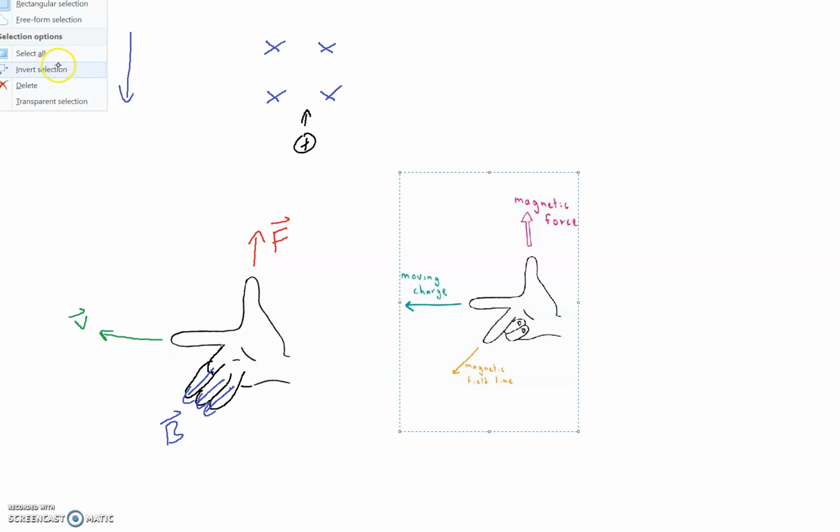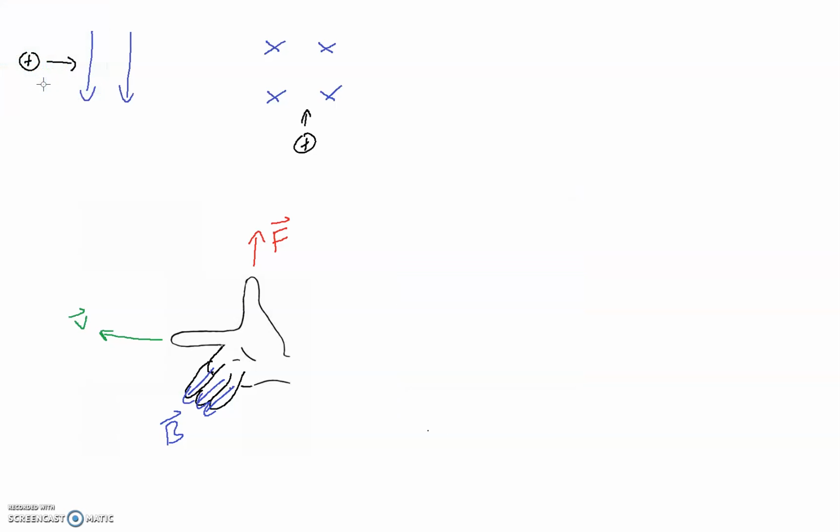Okay, so let's look at the 2 questions that we have up on the top here. For the first one, with the proton coming from the left, your proton is going towards the left, so this is your velocity vector, which means your gun needs to point to the right.